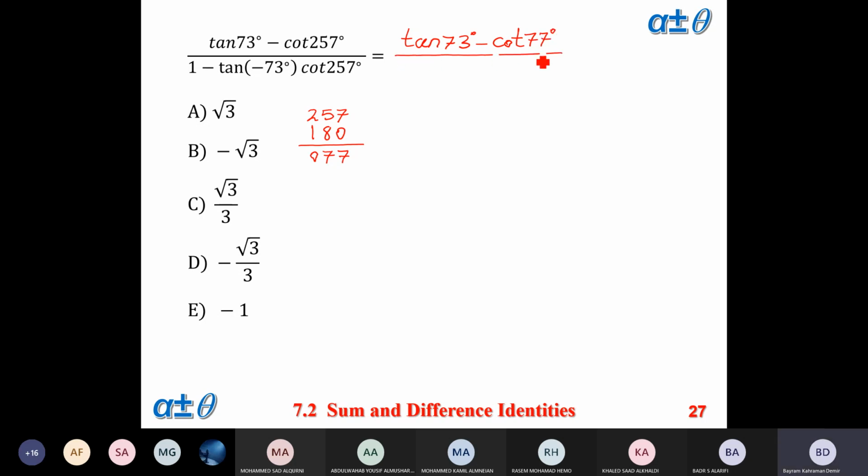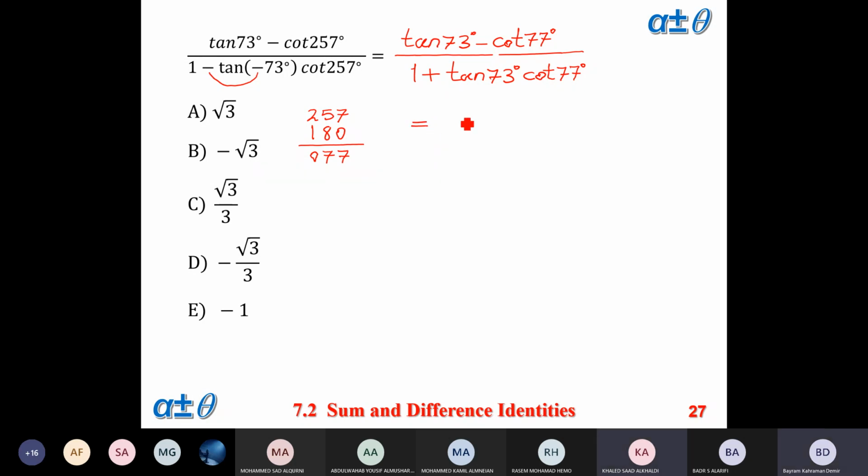All right, divided by, it will be 1 plus, right? Because tangent is an odd function, so this minus will come out. There is another minus. So it will be 1 plus tangent of 73 and cotangent of 77. And we can find the cofunction of the cotangent.